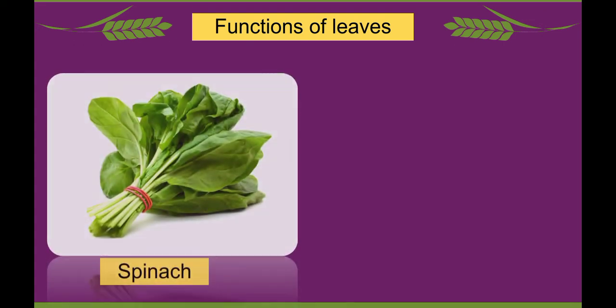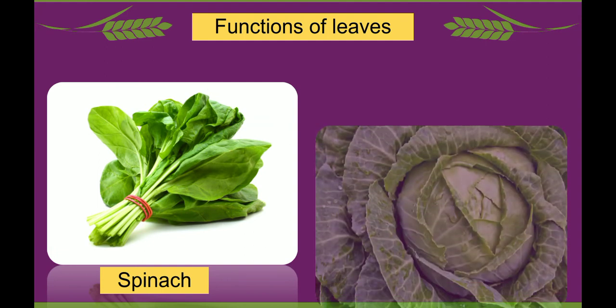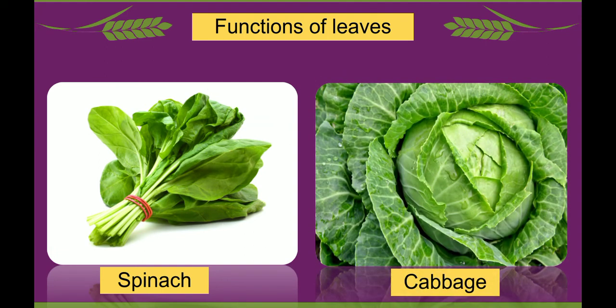Some plants like spinach and cabbage store food in their leaves. As they store food in the leaves, we eat those leaves. Some plants store food in the roots and we eat roots like carrot and radish.